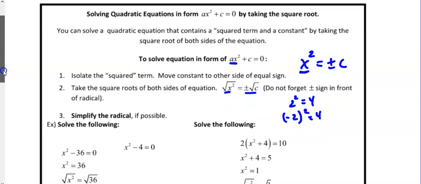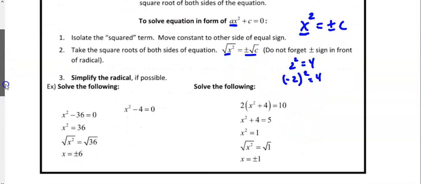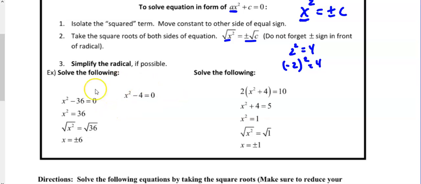The important thing, again, that you have to do is isolate your square. So if I have x squared minus 36, I need to add 36 to both sides. That gives me x squared equals 36. Square root both sides. I can pull the x, and plus or minus the square root of 36 is 6.